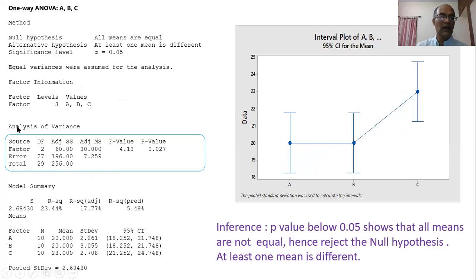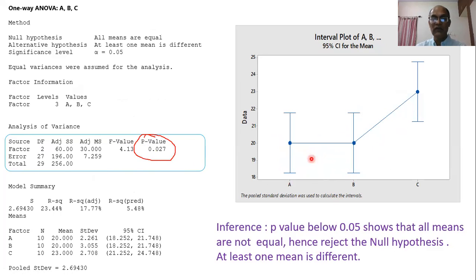Now, if you see the analysis of variance table, or Anova table, we can see that the p-value in this case is 0.027, right? So it shows that the p-value is below 0.05, which means not all means are equal.